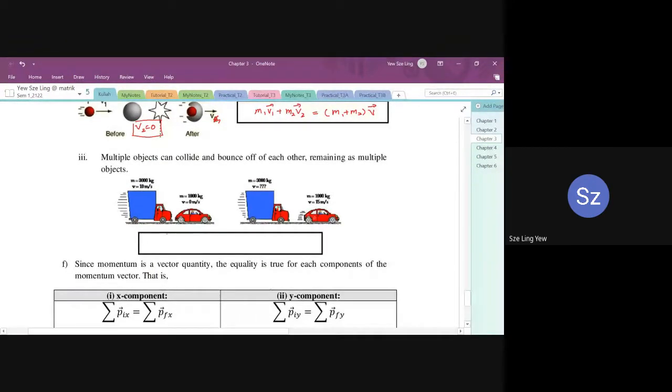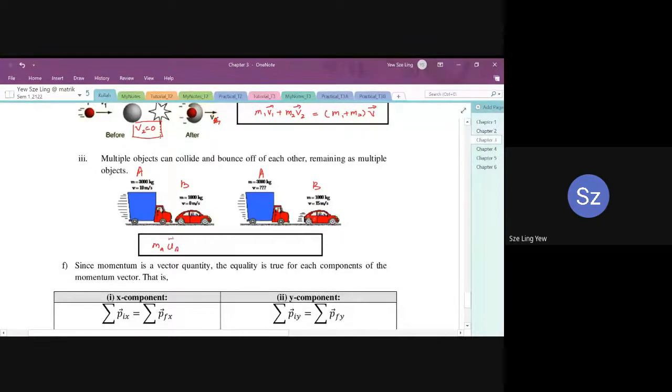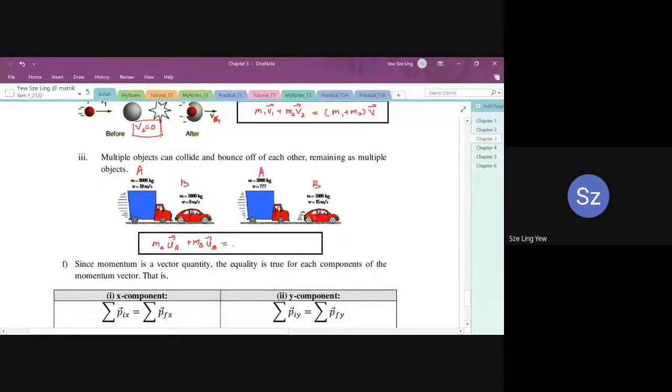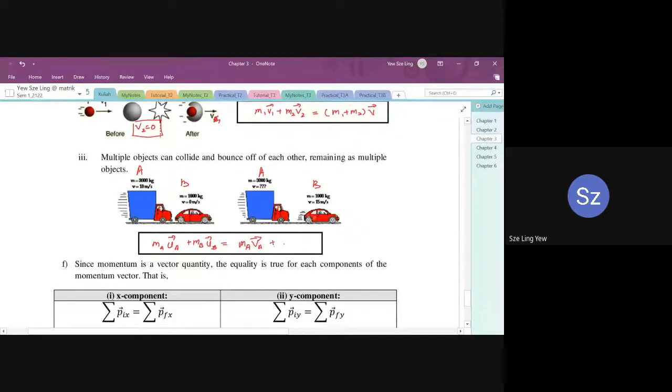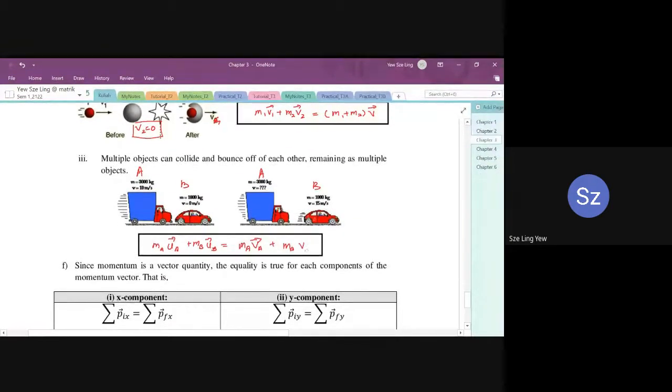I'm going to call them A and B. If they are not stuck together, then it is basically the same as the first equation just now, with U as initial velocity: MAUA plus MBUB equals MAVA plus MBVB.